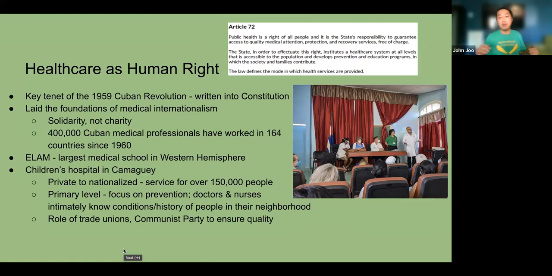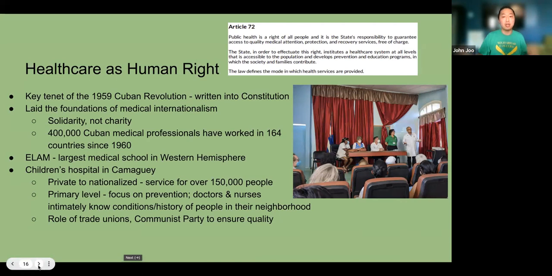Their focus on prevention, like I was talking about earlier, means that primary level care integrates Eastern medicine, indigenous medicine, doulas, all these things that people asked about during the presentation. They said no, that's just part of primary level care. It's not, like in the US, where we call it alternative care.